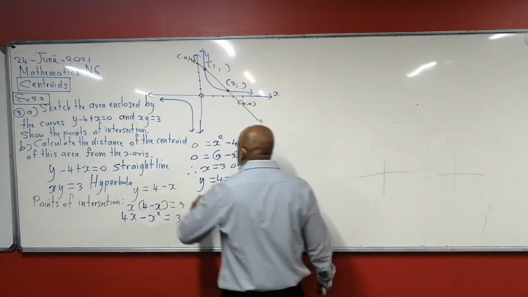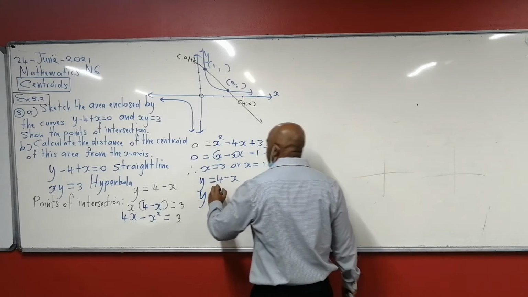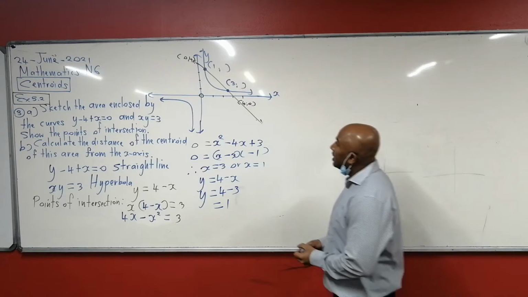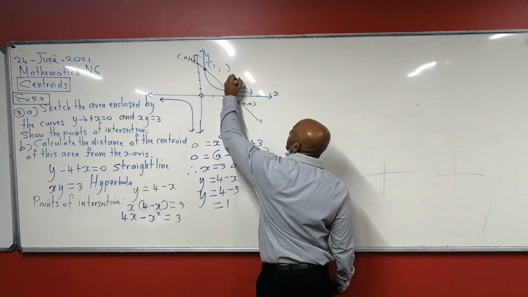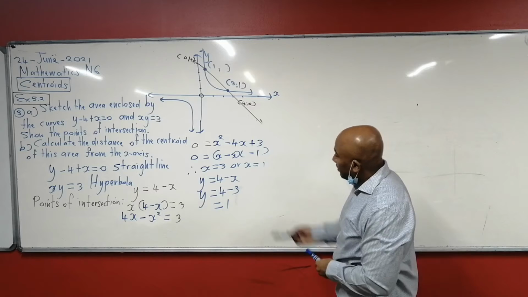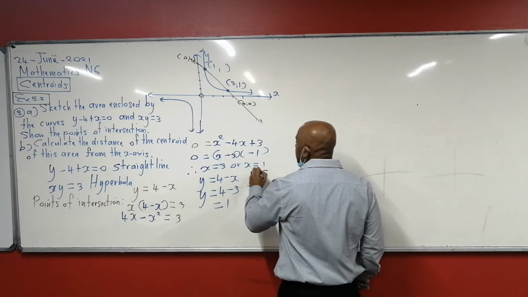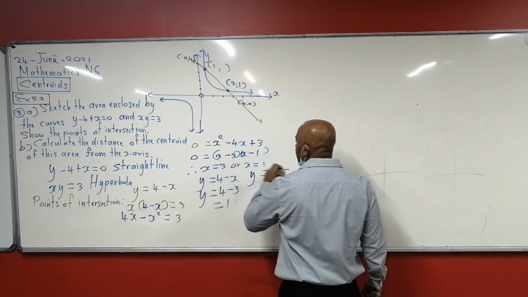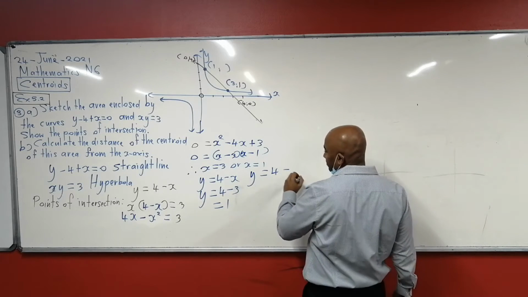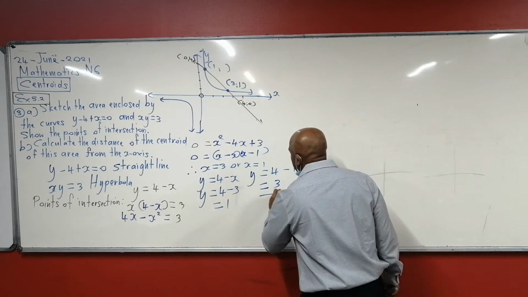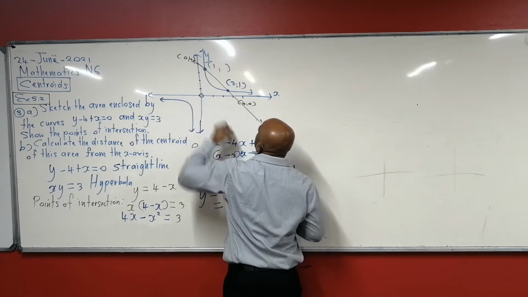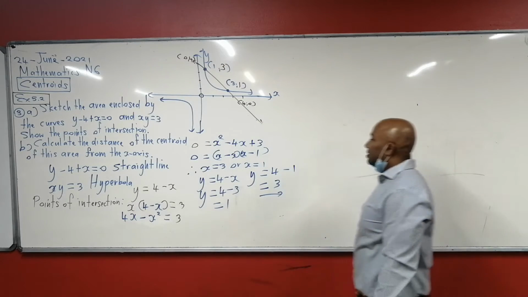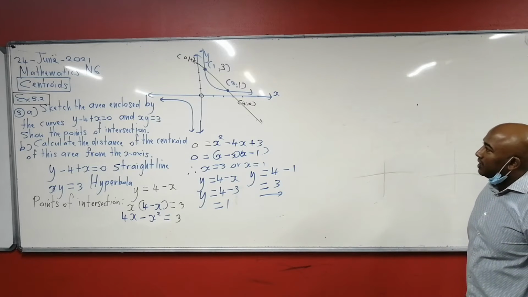When x is equal to 3, y is equal to 4 minus 3, which is 1. So when x is equal to 3, our corresponding y value is 1. And when x is equal to 1, y is equal to 4 minus 1, which is equal to 3. So there's my 3 here. Right, so those are the points of intersection.